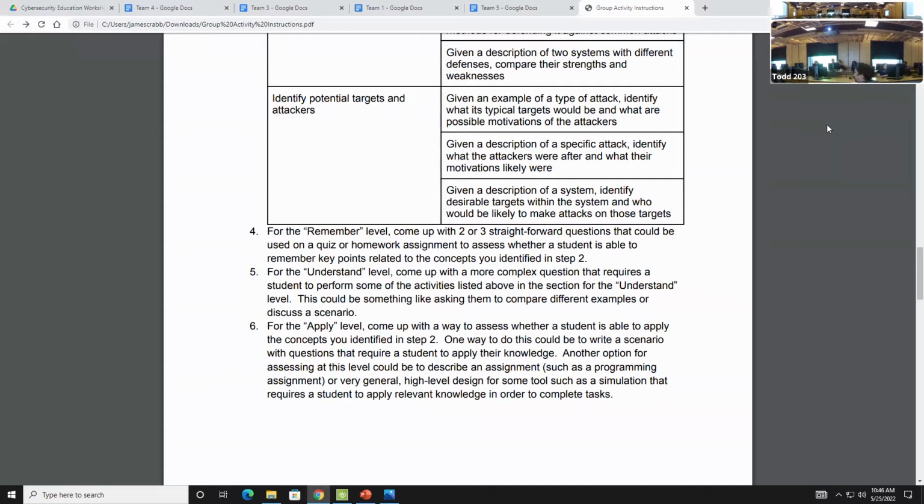So for these apply questions, group one, could you come up with a specific scenario and then ask them to sketch out how to apply unsupervised learning? It's better if you have something more specific. It's more testable. Providing students with a specific scenario is going to help them understand the problem a lot better.